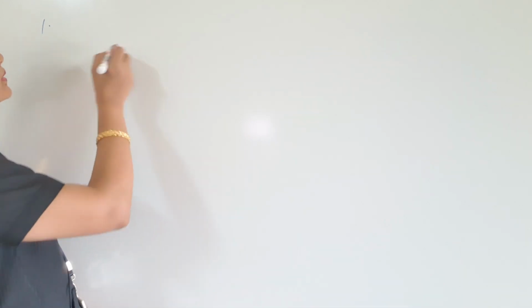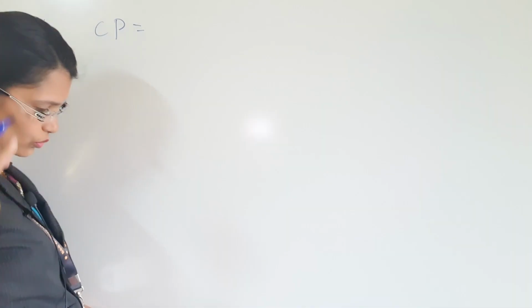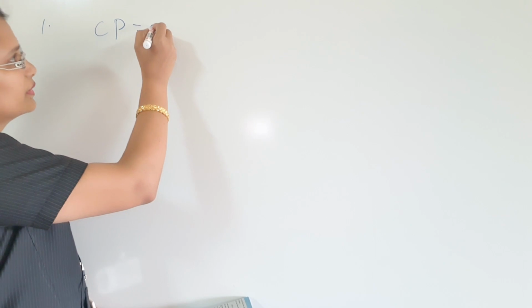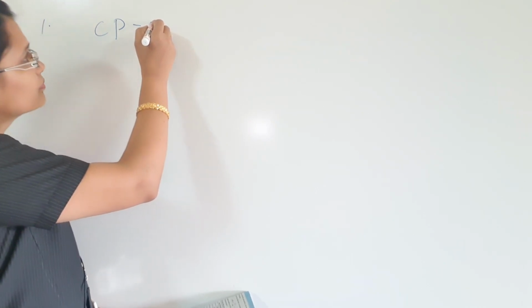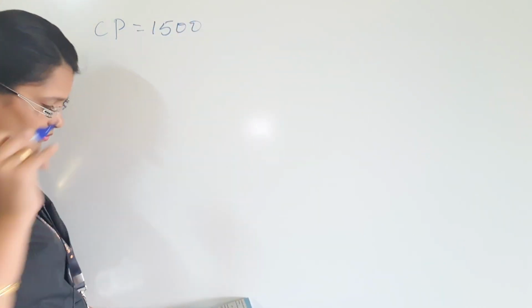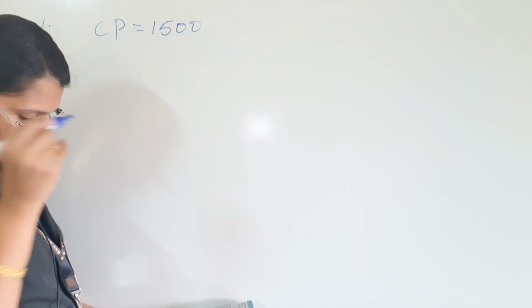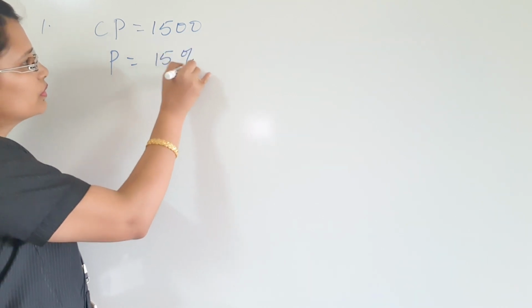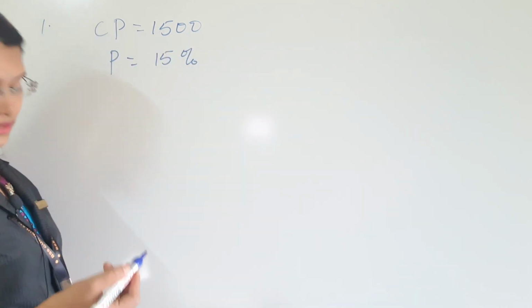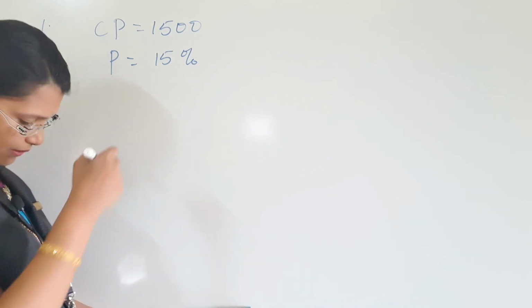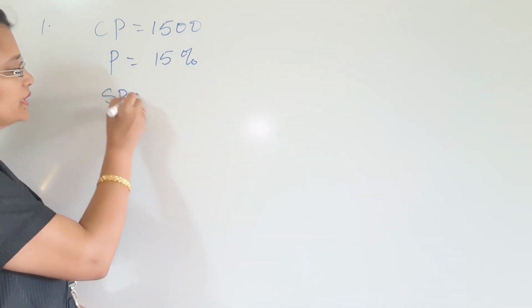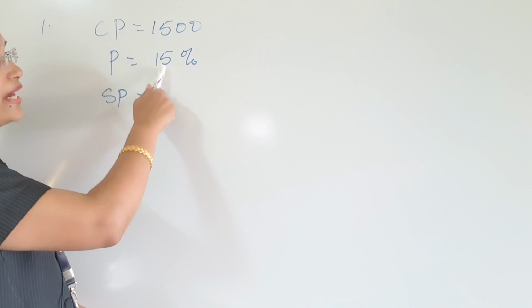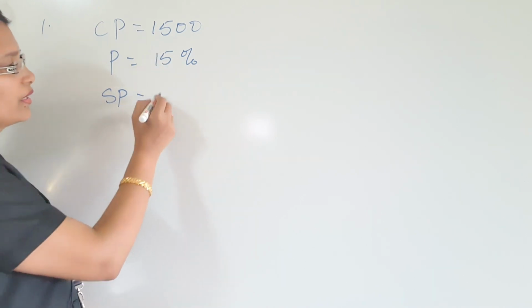So in that first question you can write cost price. Cost price is equal to 1500 rupees. Then profit is 15%. Profit is equal to 15%. How to find out sale price? That is selling price. So SP is equal to, you have to add 100 to this 15.